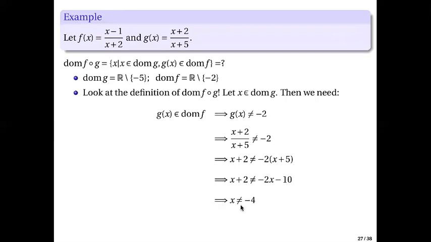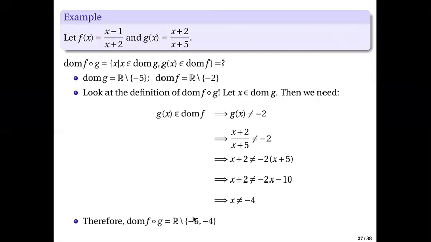Further calculation, you will get x cannot be -4. So you put the -2x to this side, and the 2 to the other side, and you will get 3x cannot be equal to -12, or x cannot be equal to -4. Which means the domain of f circle g is the set of real numbers except -5 and -4.